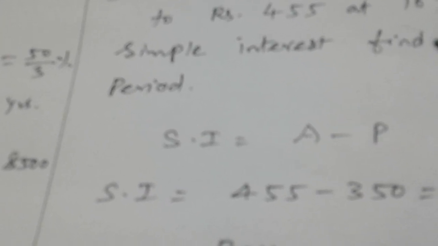We know the formula, amount at the end of n years is equal to P plus SI. So here SI is A minus P. Put the amount A as 455 and P as 350. Subtracting, we get simple interest as 105.